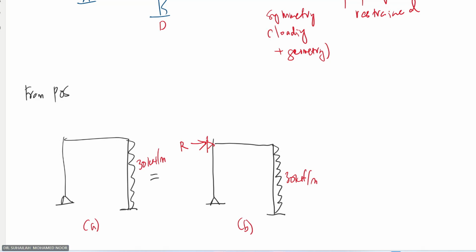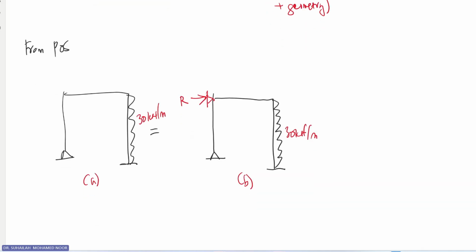So this one is not complete yet until we have another frame, because we have to neutralize the R. So we have to add another frame. This is pin, this is fixed.